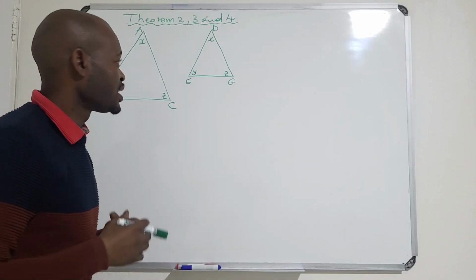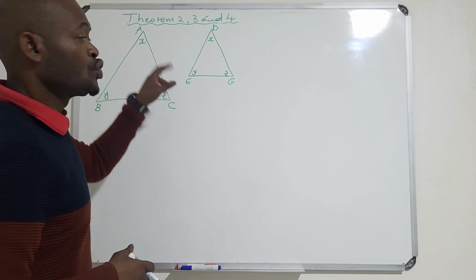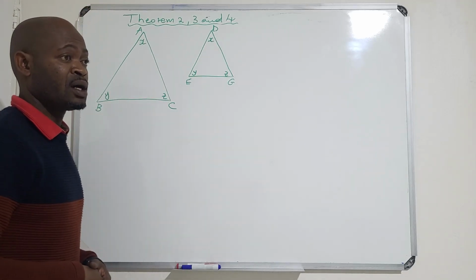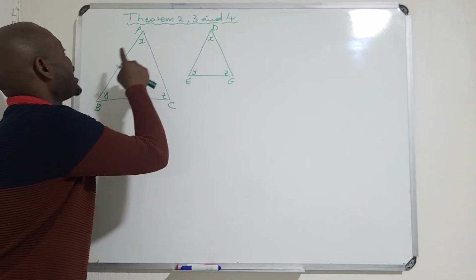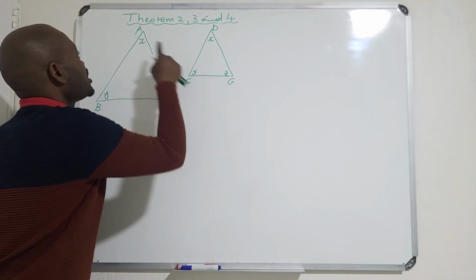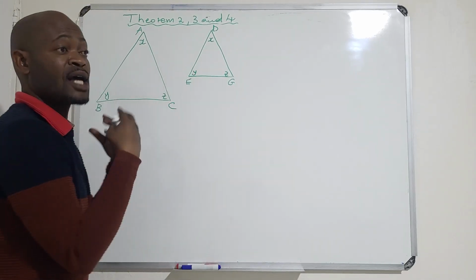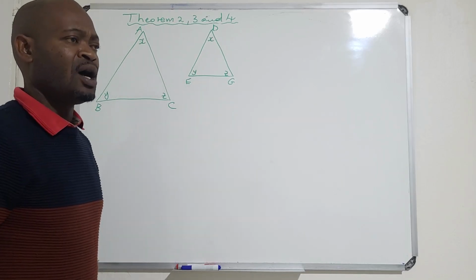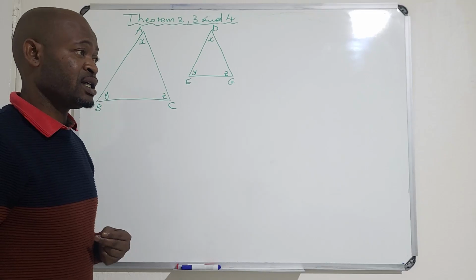Let us repeat this for the last time. I am saying that theorem number 2 tells us that if two triangles are equiangular, and by equiangular we mean that the corresponding angles are equal, then the two triangles are similar. We know that there are two conditions of similarity.